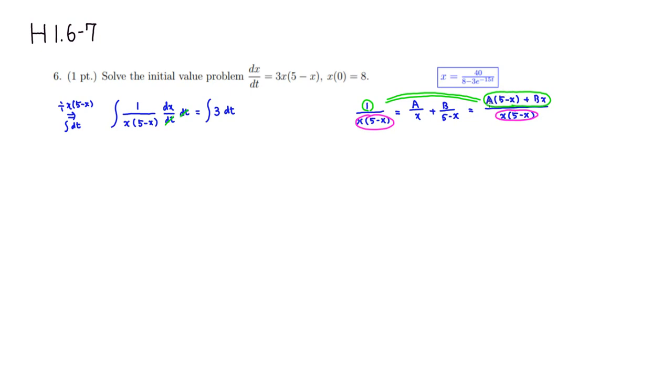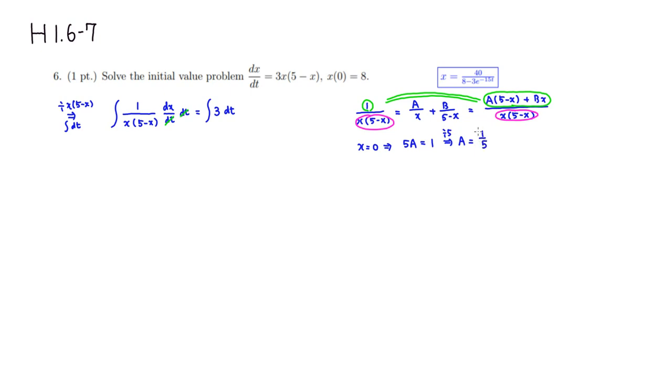Let's say I want to find a, so we want to get rid of b. I'm going to plug in x equals 0. Then 5 minus 0 is 5, so you have 5a, and b times 0 is 0, which has to be equal to 1. So we divide through by 5, and we know that a is equal to 1/5.